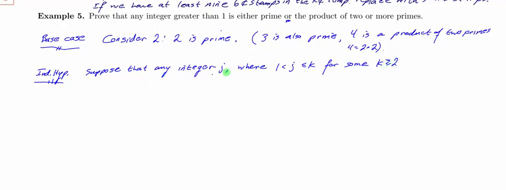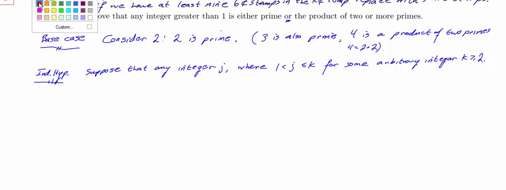So I'm not assuming that any integer can be written as a product of 2 or more primes. I'm assuming that any integer in this range that we've specified. So for some arbitrary integer k greater than or equal to 2.